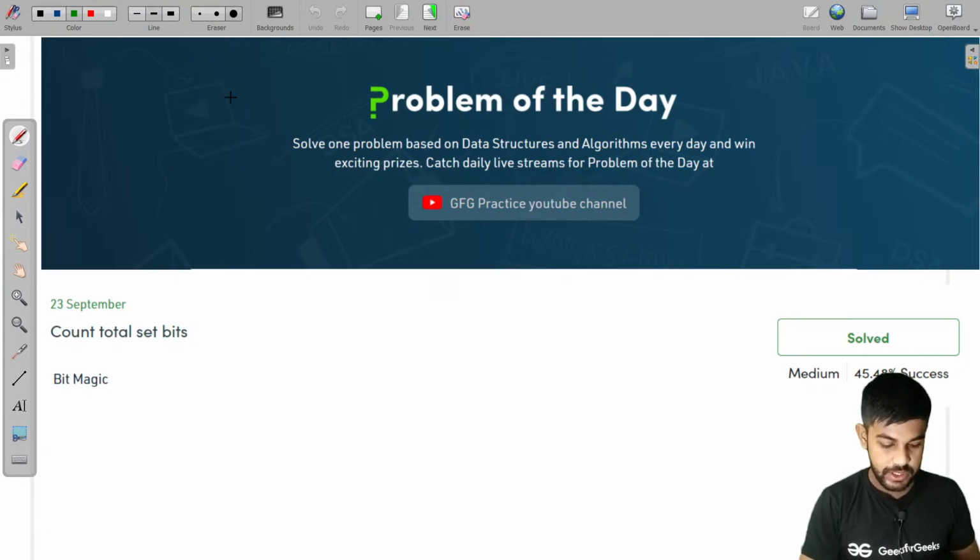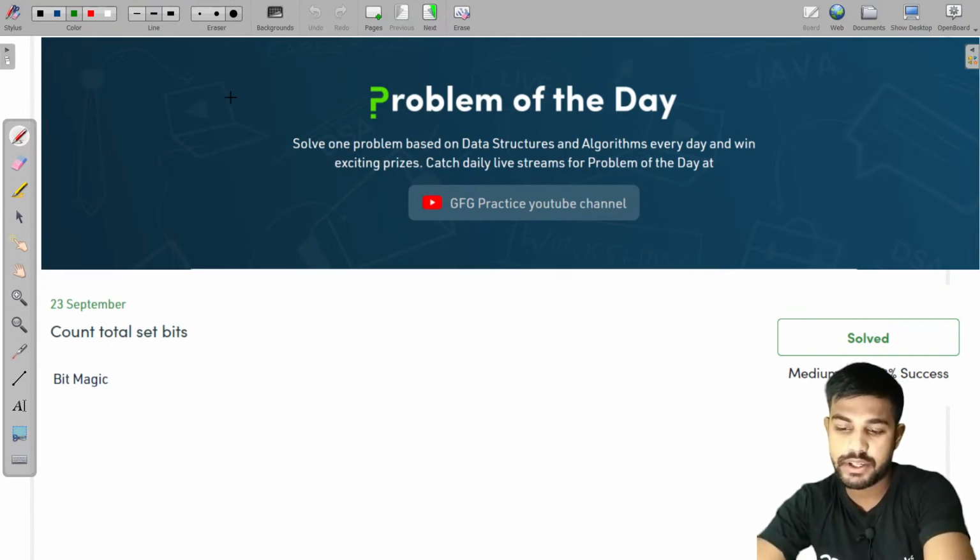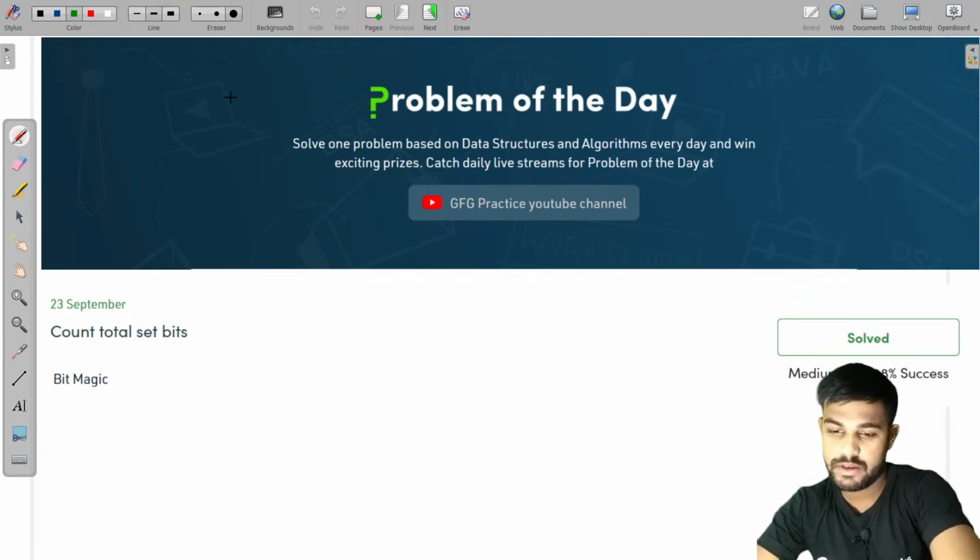I'm absolutely visible. We would wait for just 1 or 2 minutes, then we would start right away. Just let me know if I'm visible as well as equally audible or not.